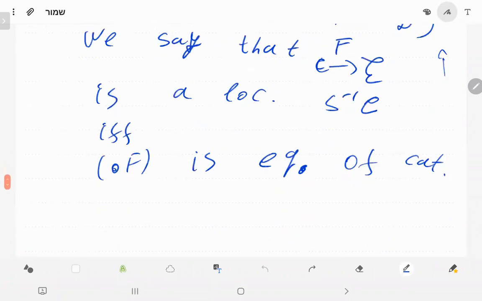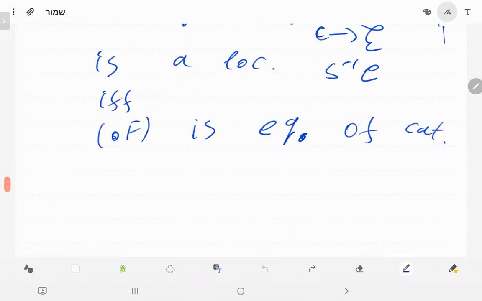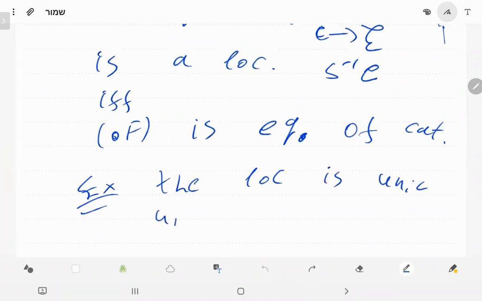So of course now there is an exercise: localization is unique up to a canonical equivalence. Yes, the equivalence is unique, satisfying something.